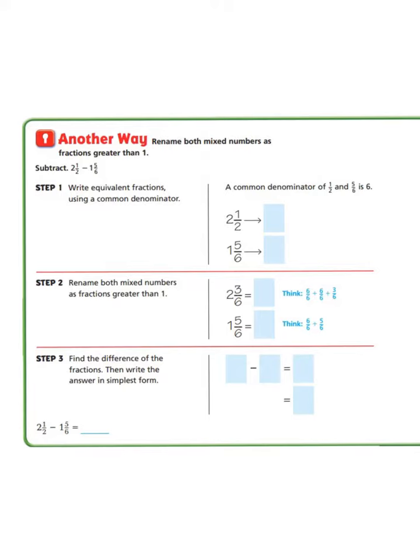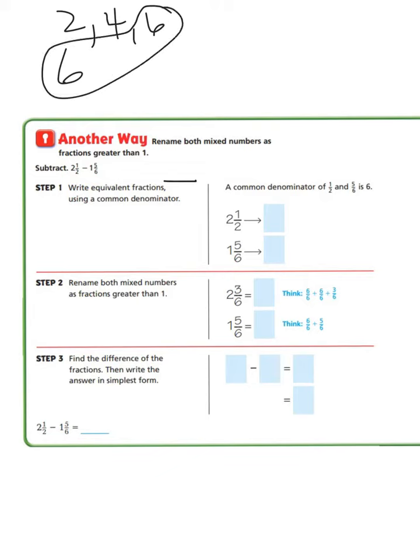Now let's take a look at another way that we can do it, and that is to rename both mixed numbers as fractions greater than 1. So when we would subtract 2 1/2 minus 1 5/6, it says again to write equivalent fractions using a common denominator. So technically we could have done 2 1/2, and if we look at our multiples of 2 and 6, it would be 2, 4, 6, and we can already stop because we see our least common denominator is 6.